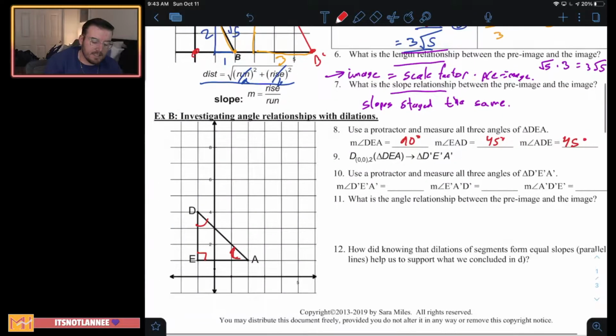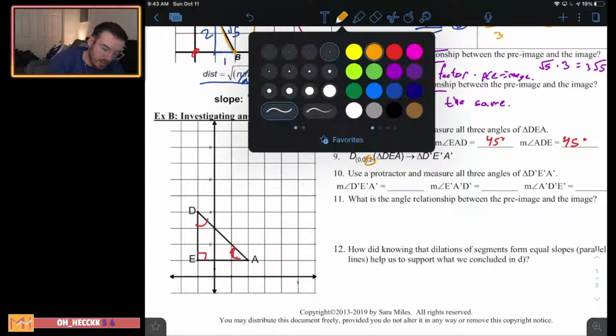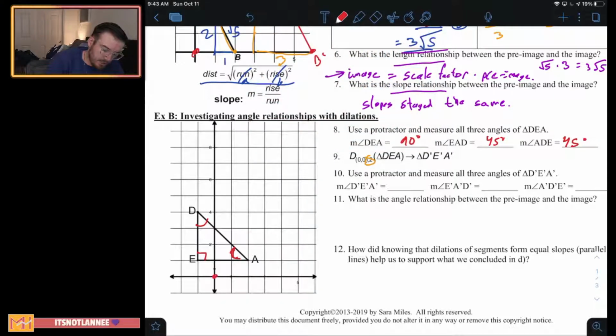Now, let's take this shape, triangle DEA, and dilate it. In this case, we're going to dilate it and make it bigger because the scale factor is 2. Let's double all these distances. So our center of dilation is at the origin once more.